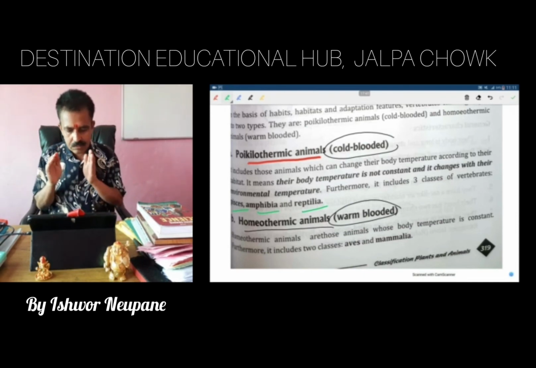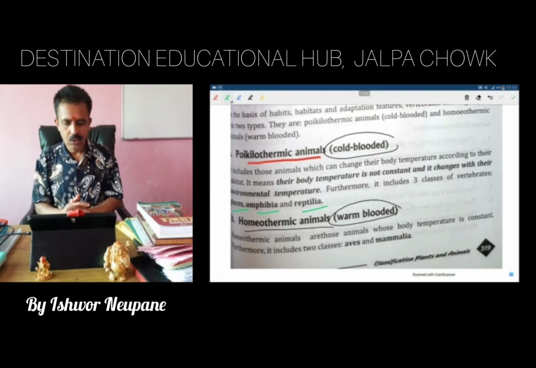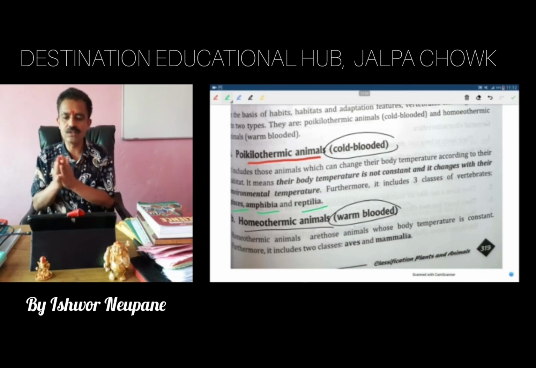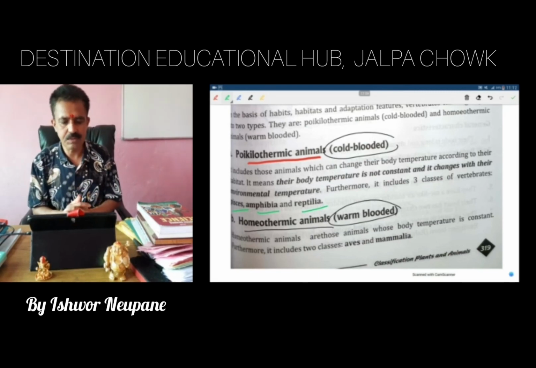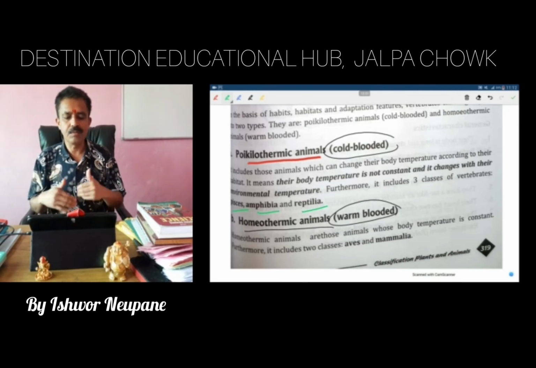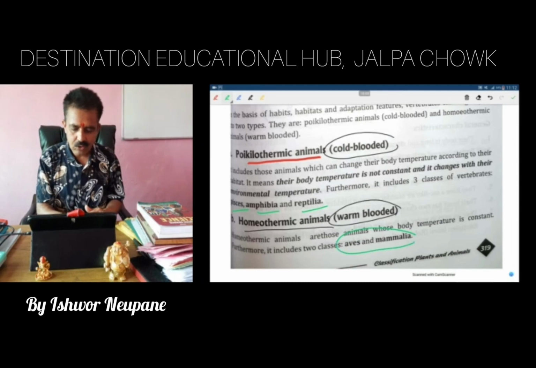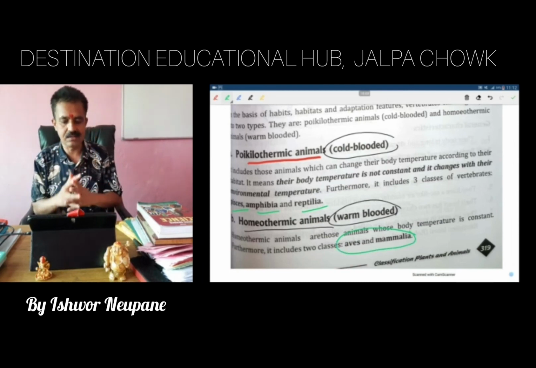Now there are some groups of animals whose body temperature remains unchanged. It does not change according to the surrounding temperature or the environmental temperature. For example, human beings, birds. So there are two groups of animals whose body temperature remains constant.